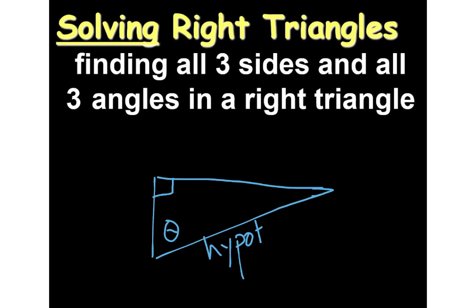That's kind of the freebie, but it's the other two sides that we want to be very careful that we realize that the one that is across from the angle, that's the side that's going to be the opposite. But it's the side that is beside the angle that's going to be the adjacent. So it's always based on its relationship to theta.